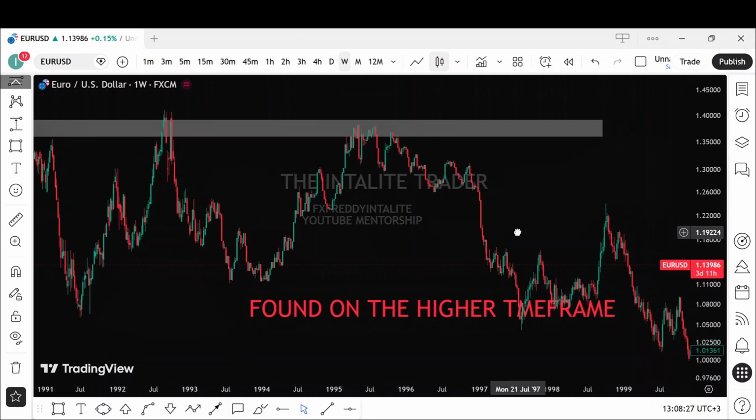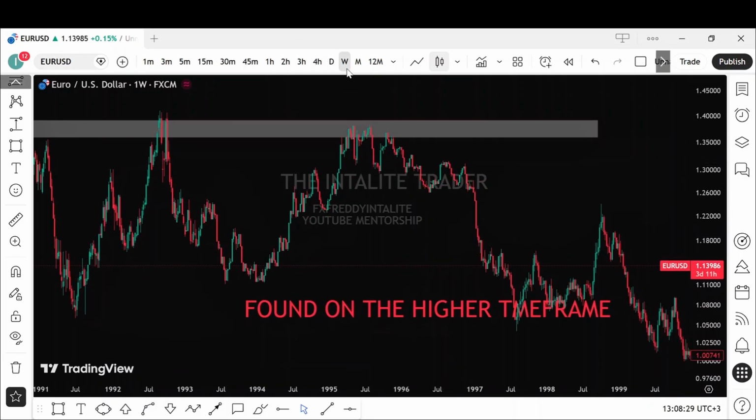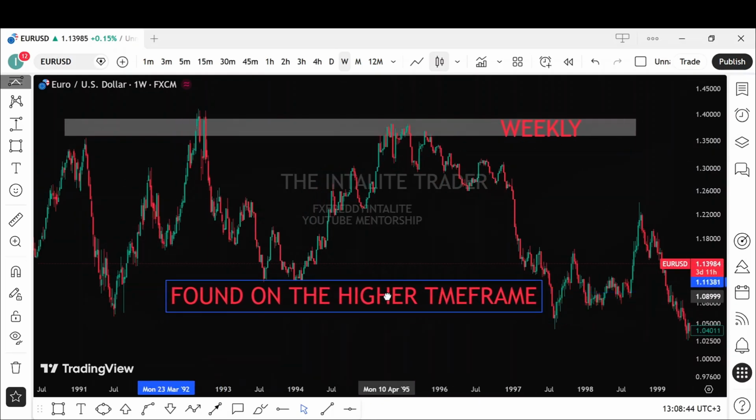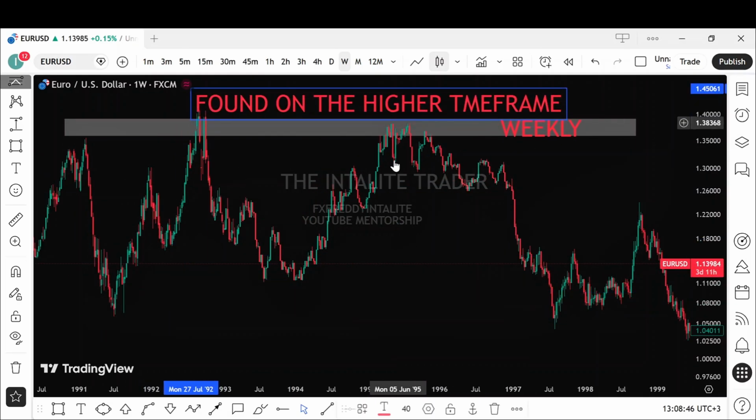Because if you look here, this is a weekly time frame. So this is a weekly key level, and we always say things found on the higher time frame, that is the weekly and monthly, hold more weight. So this is trait number one.